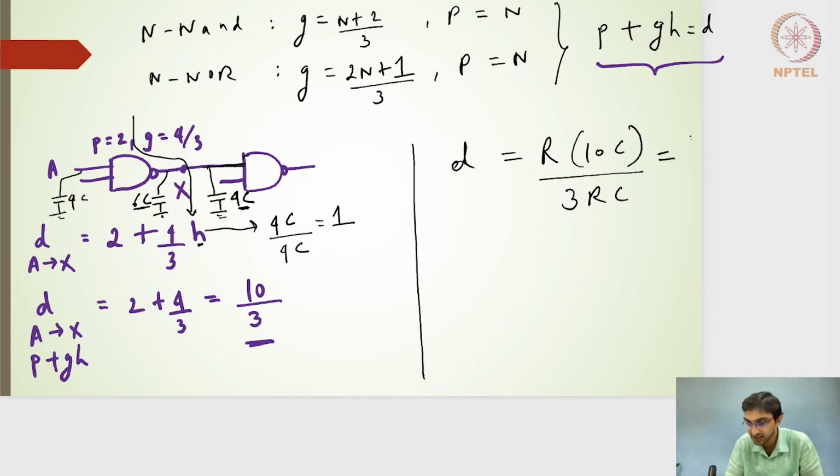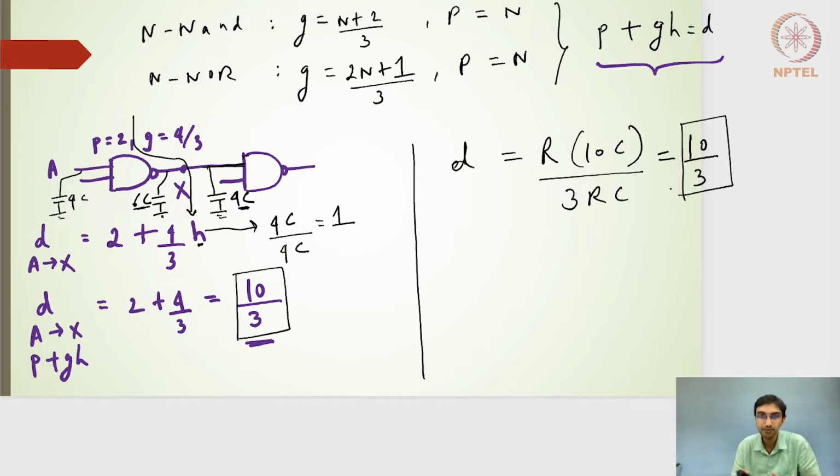Finally, I get 10/3 here. This delay is whatever capacitance is seen at the output node, which includes the parasitic of 6C and the 4C coming from the next stage, 10C multiplied by R, the switching resistance, either falling or rising, divided by 3RC from the inverter. So it will be 10/3. This value of 10/3 matches with the earlier 10/3.